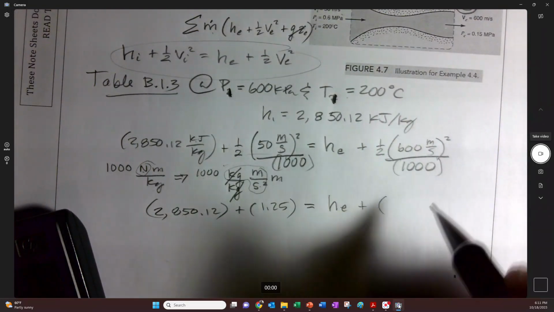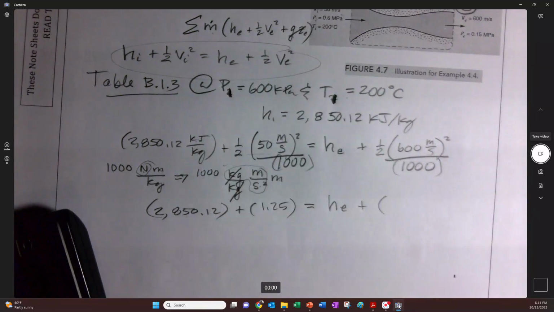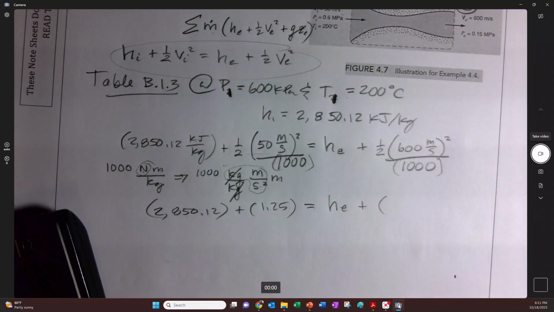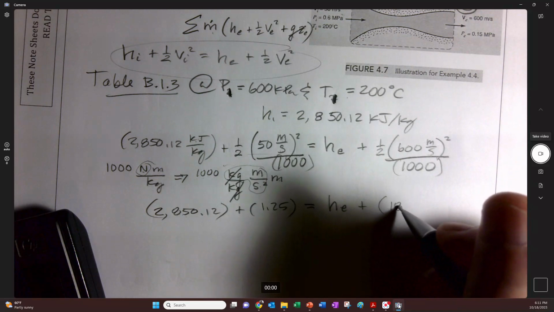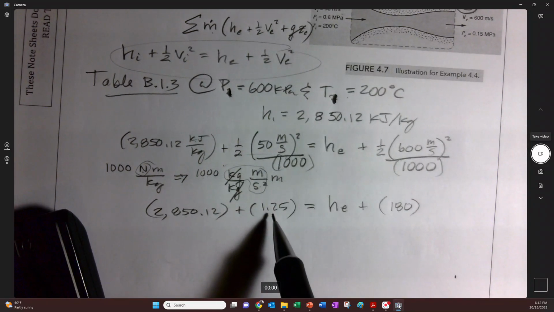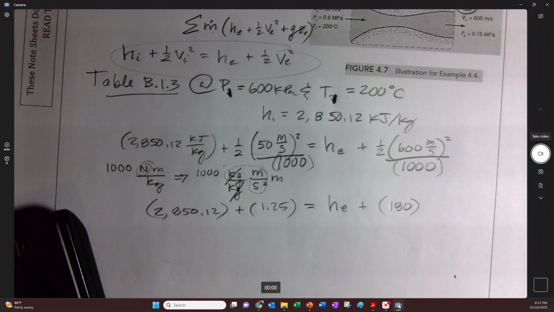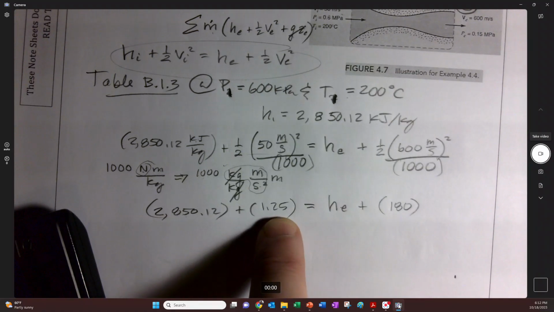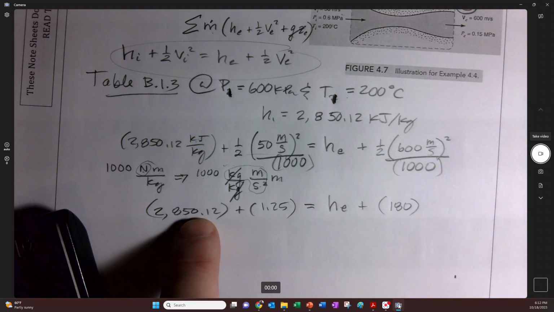Go to HE is what we want to try to get. Plus, let's see what this one is. It's probably a lot more because it's 600 squared, divided by 2, divided by 1,000: 180. More, but not a lot more, right? So anyway, we're going to add that to here.